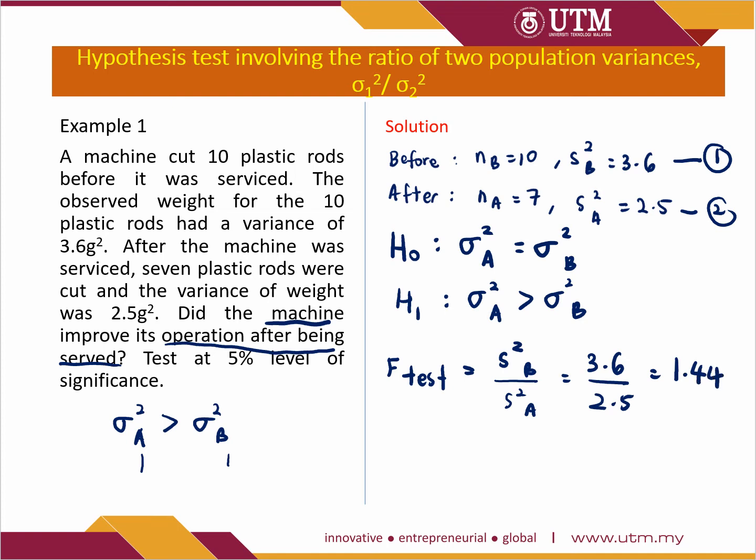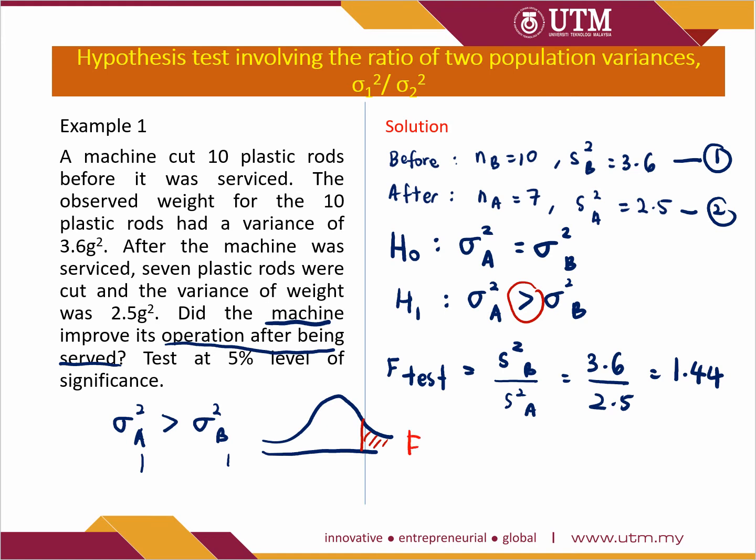Now we check the critical value. Since the alternative hypothesis is greater than, if F test is greater than the critical value, we reject H0.